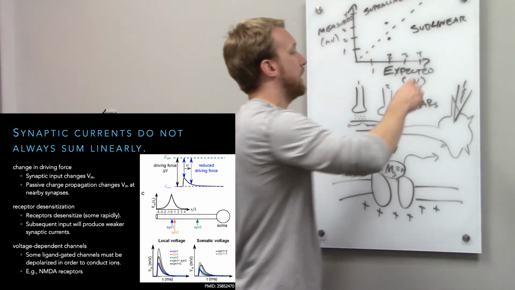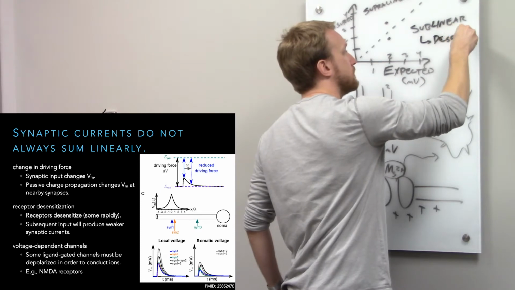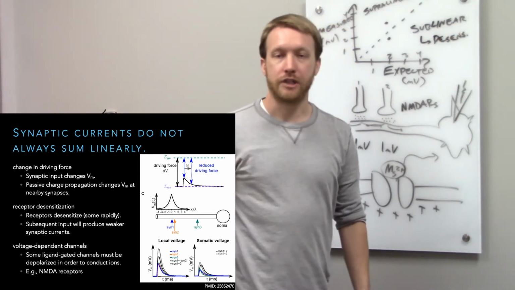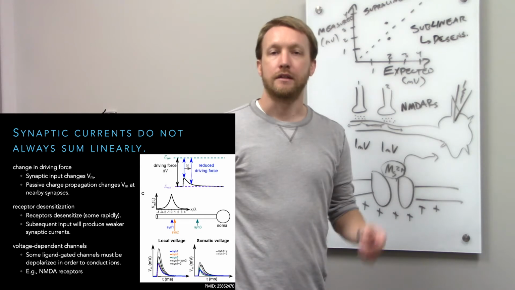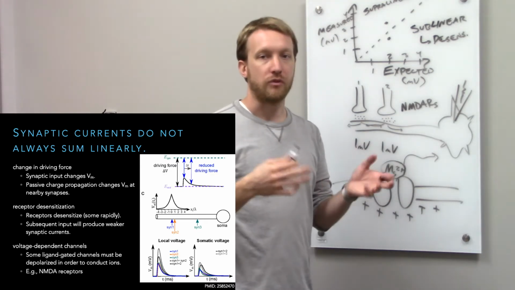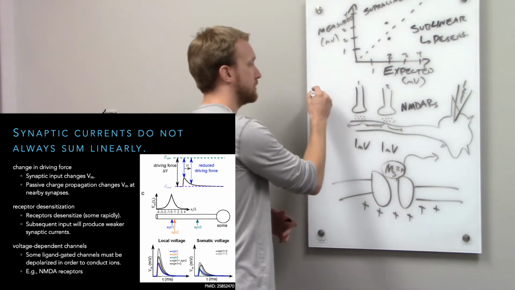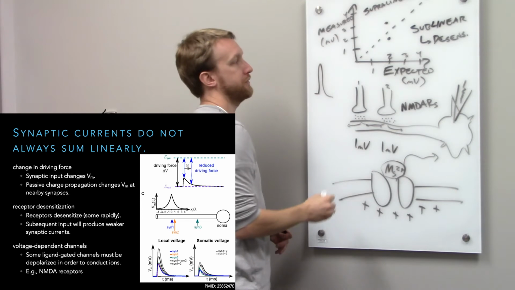Sublinear is caused by desensitization. So after ion channels conduct ions, they then decrease their open probability. This is a way of preventing the neuron from being overexcited. It's a way of making sure that signals are relatively brief.